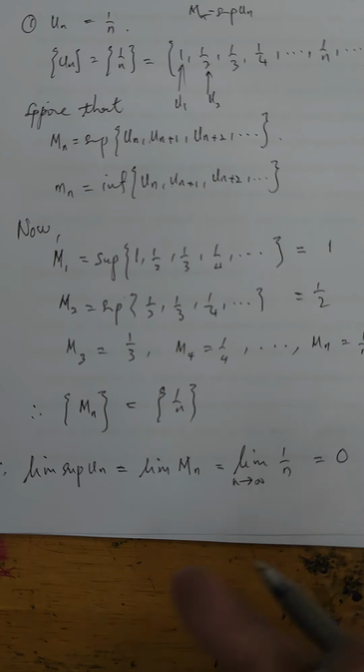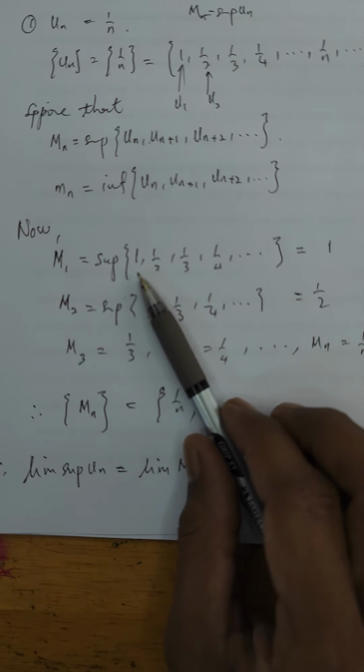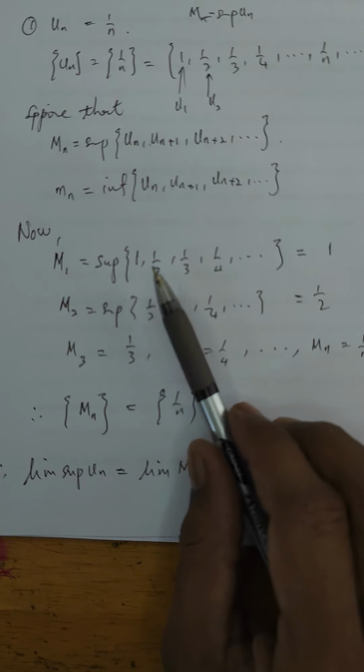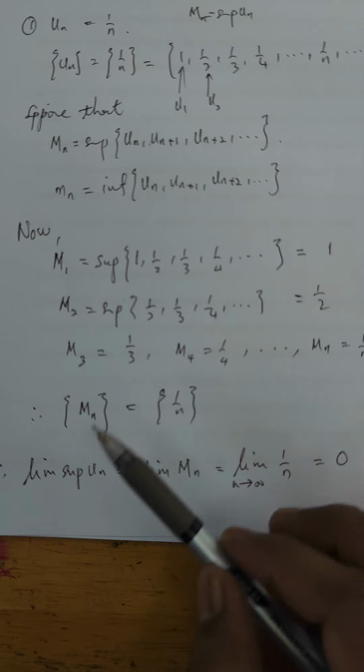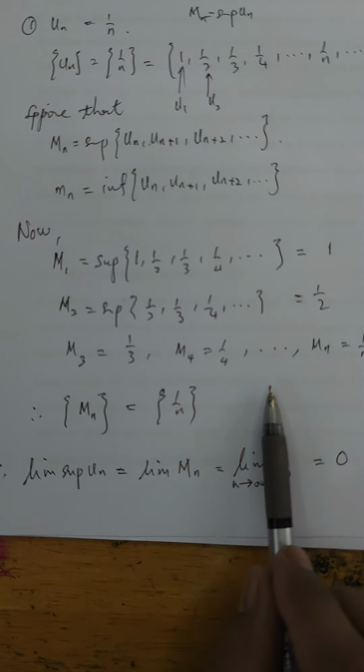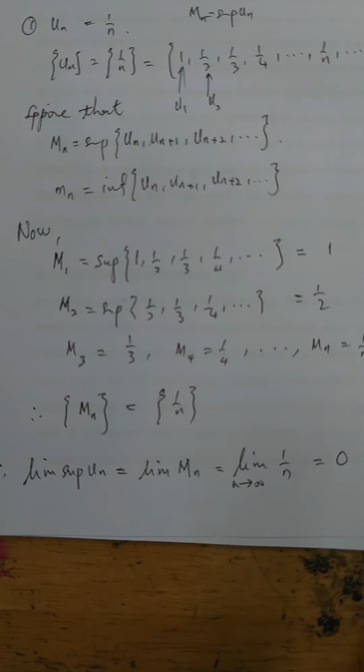So we find the lim sup of Un is 0. You can see from this particular example that for the supremum we take the upper bound, but when we take the limit, it goes to the smallest, because of the nature of the sequence itself.